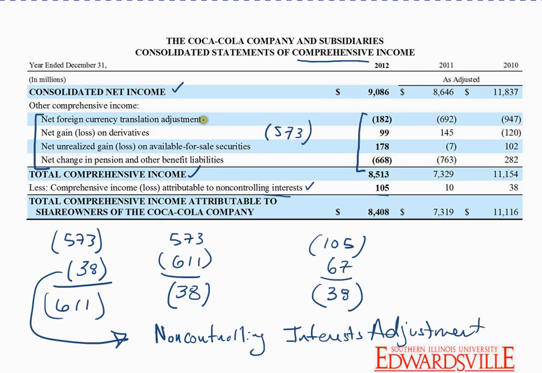Sometimes this is in the statement of stockholders' equity and not in the income statement. So we have foreign currency translation, gain, loss on derivatives, available for sale securities, and pensions, which is why we're interested in this. We're going to use it in pensions.